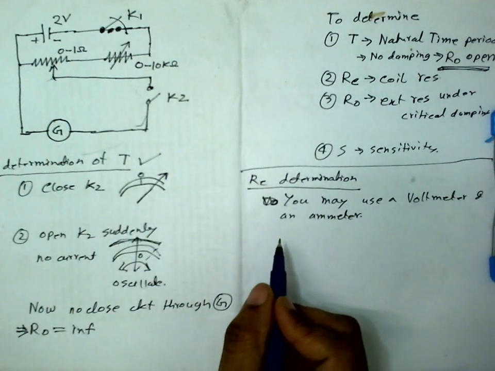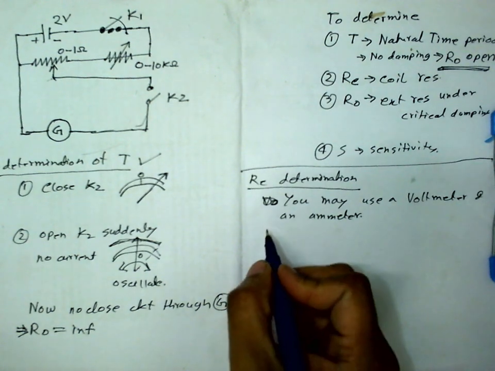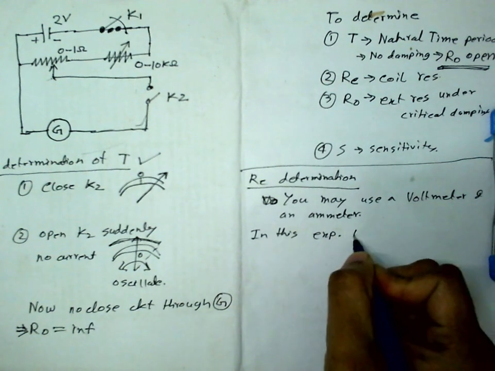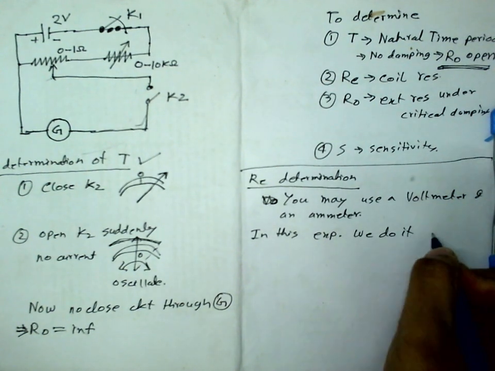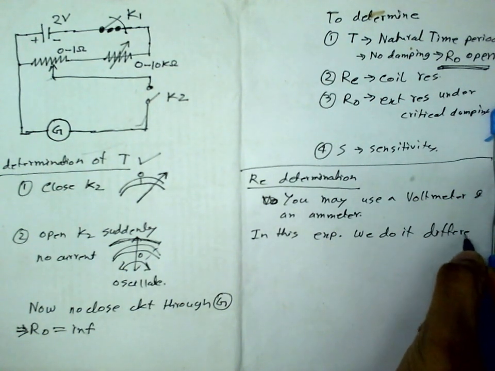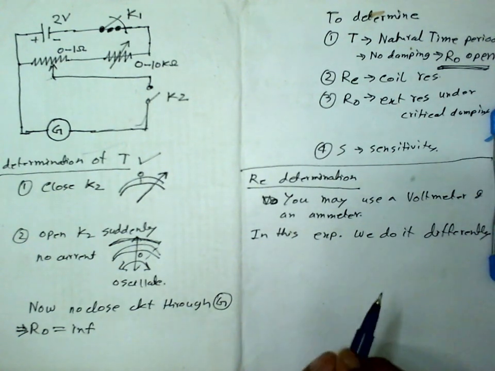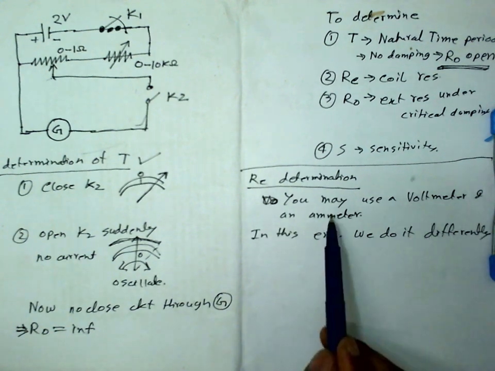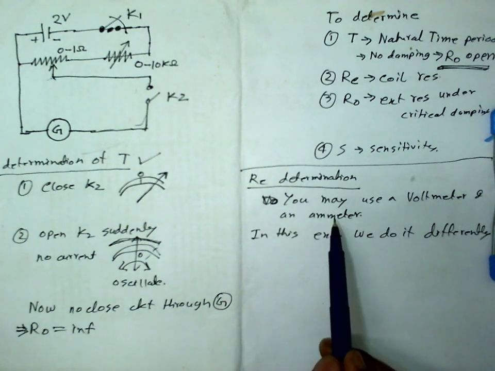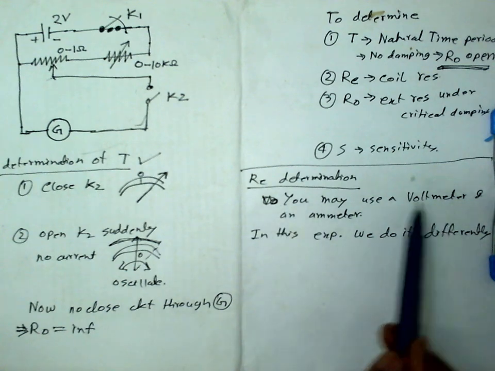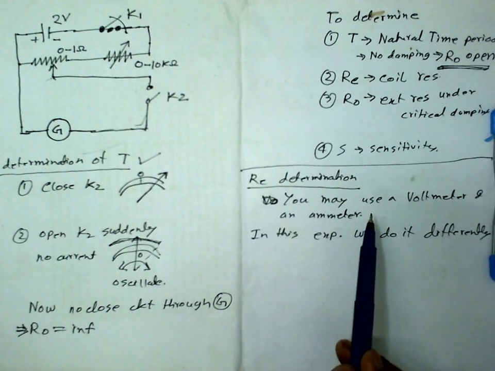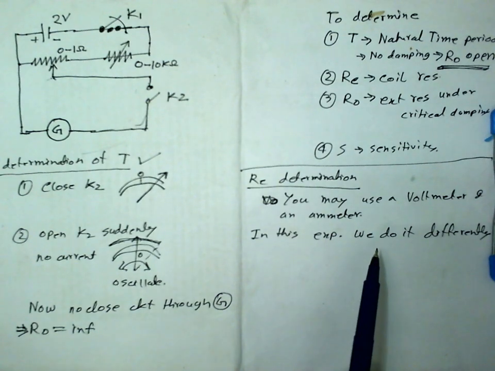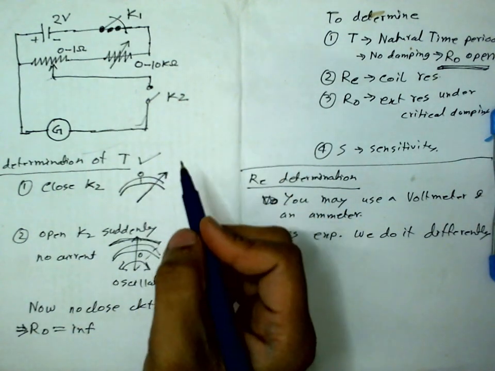But in this experiment, we will do it in a different way, because we can do it without even having a voltmeter and ammeter. It's not at all required. If you want to use a voltmeter and ammeter, you need them, but we can do it even without that, much more simply. How? Here it is.